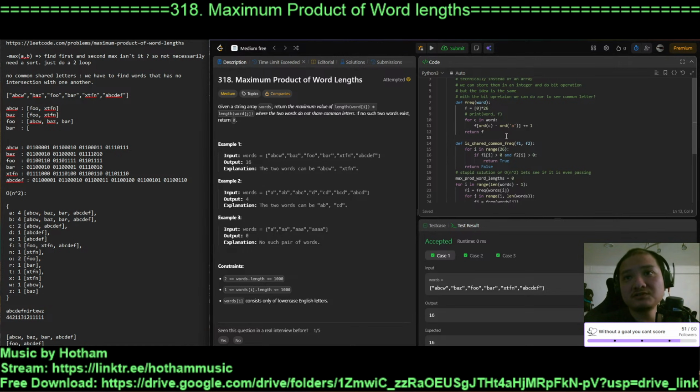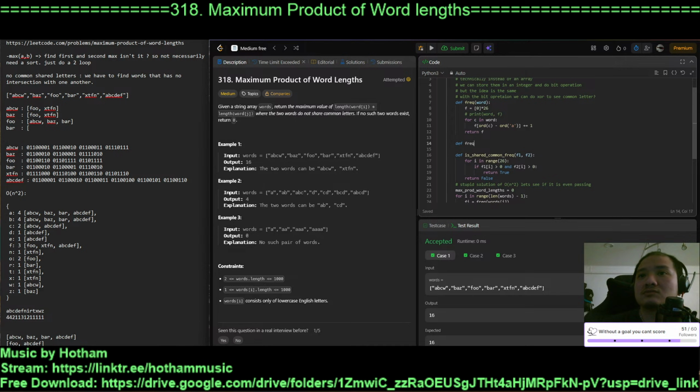Let's change this function to frequency bit.